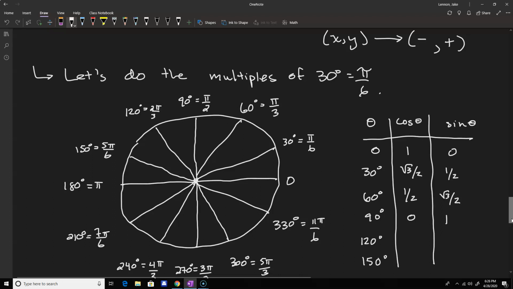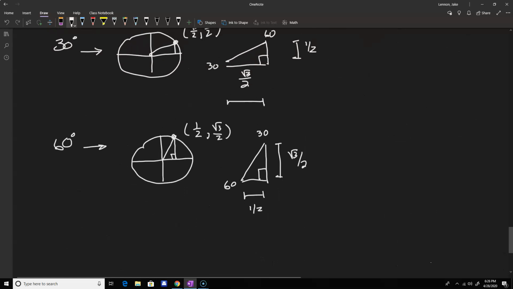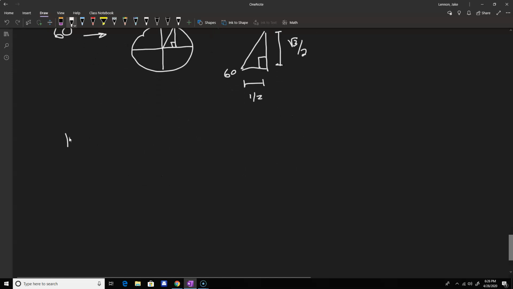They're going to be similar in nature to the 30 and 60 we just looked at, but they are going to be in quadrant 2. So let's do 120 degrees first. 120 degrees is going to be the taller right triangle, meaning it has a bigger y component side than x component side.